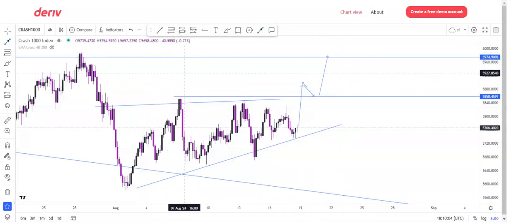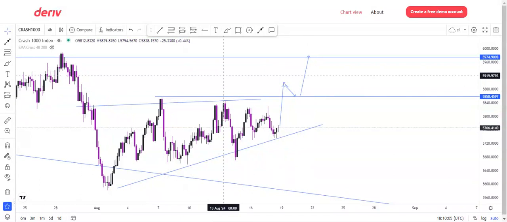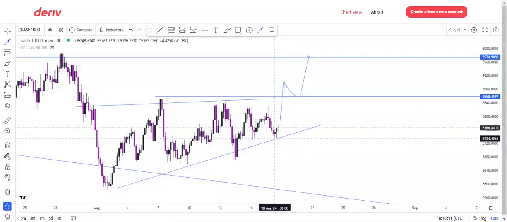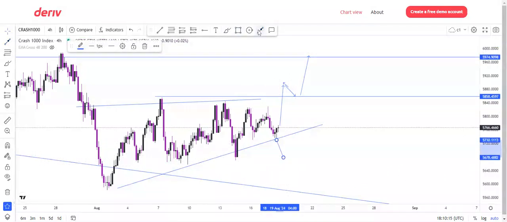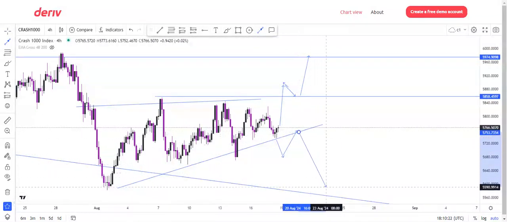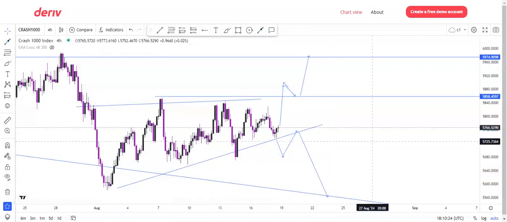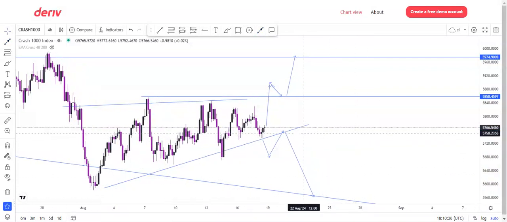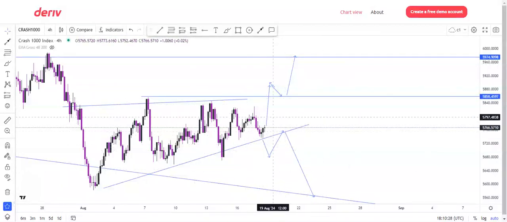So if we break these lows and also do a retest, then we can get some nice sales. So that's the only move that C1 can make.